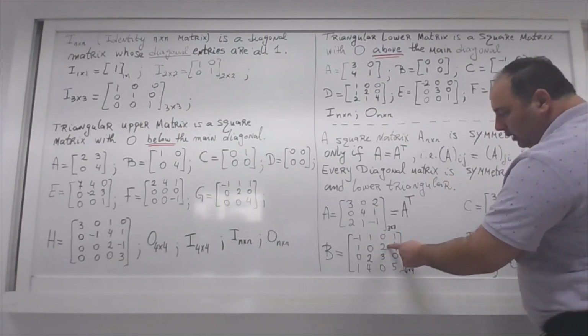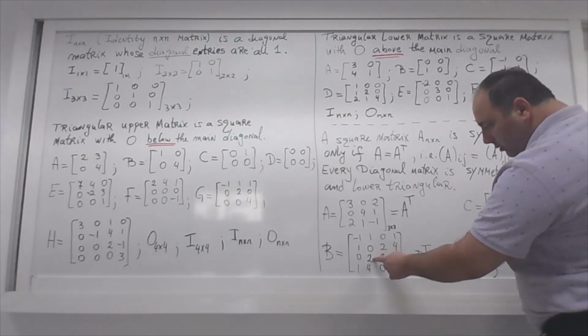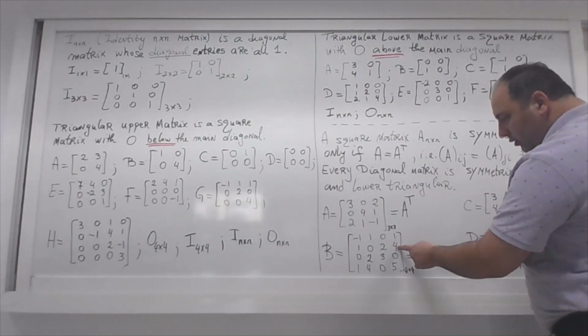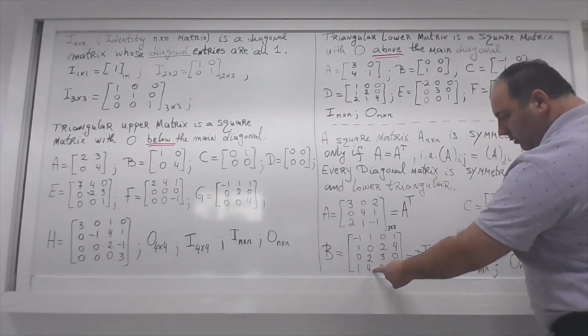Entry 2,3 needs to be equal to entry 3,2, well it is. Entry 2,4 needs to be equal to entry 4,2, well it is.